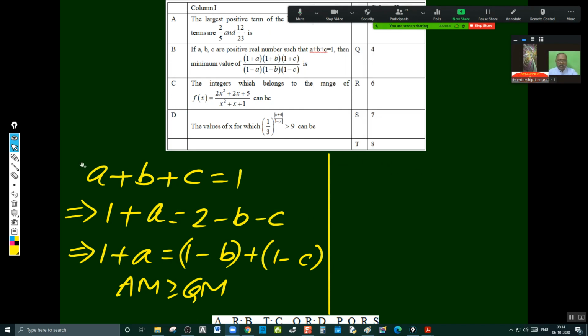That is, (1 plus A) divided by 2, that is the AM of 1 and A, is greater than or equal to root over 1 into A. Instead of that, I can write root over (1 minus B) into (1 minus A).